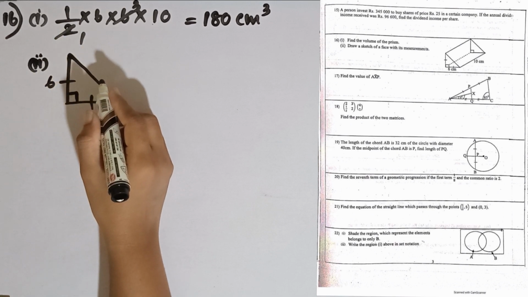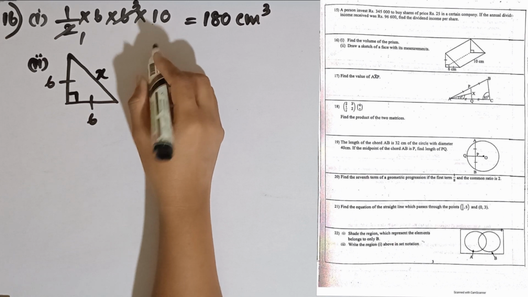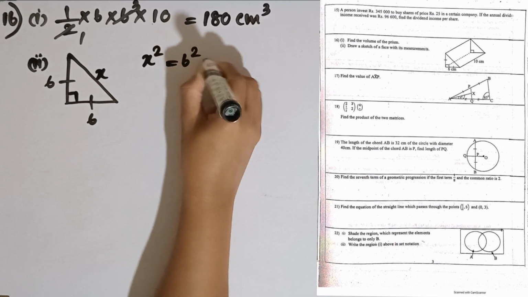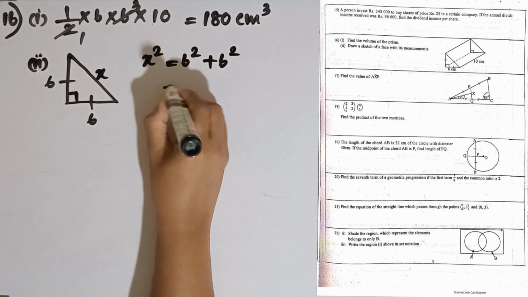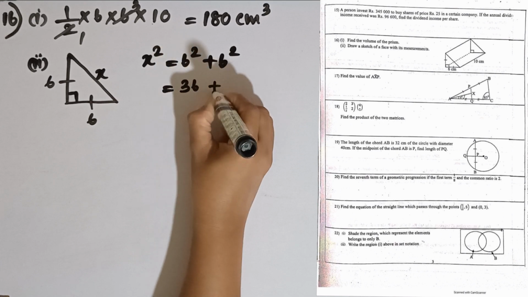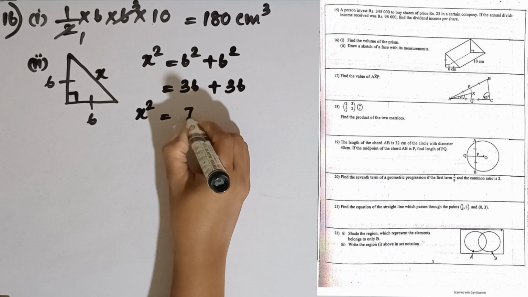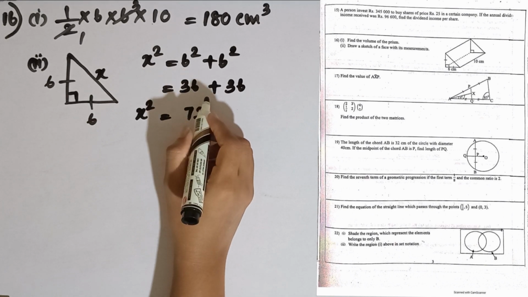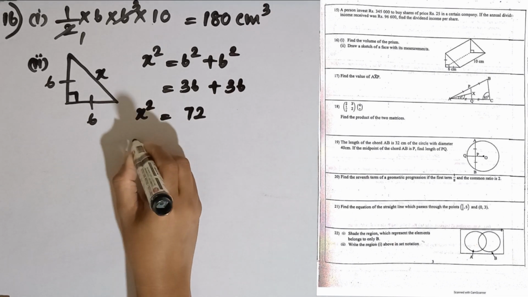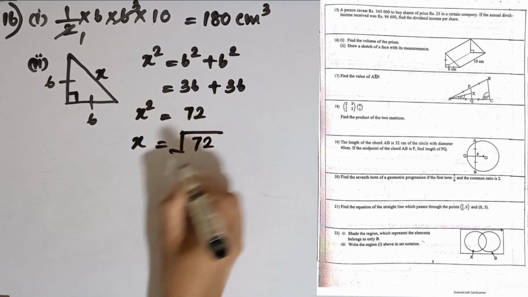So if you take this one as x, then we can use the Pythagorean relationship. x squared equals 6 squared plus 6 squared. 6 squared is 36. Then x squared equal to 72, by adding 36 and 36. Then x equal to square root of 72.